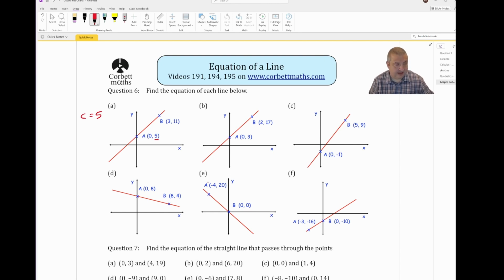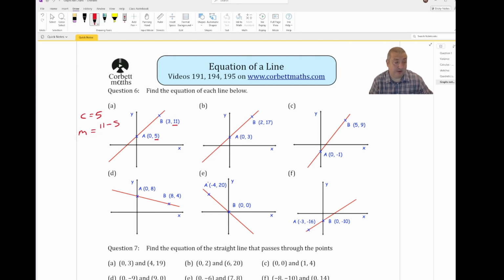M is the gradient, how much it goes. Well, actually, if we look at the gradient, let's calculate gradient. So M is going to be the change in y divided by the change in x. The change in y is going to be 11 minus 5, because here our y value is 11, here it's 5.